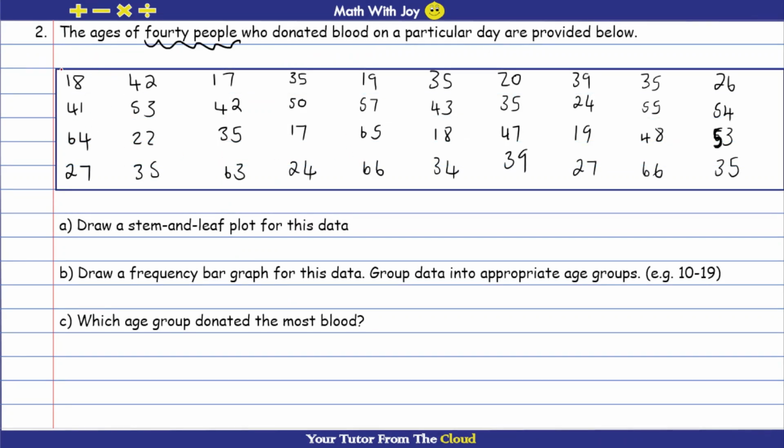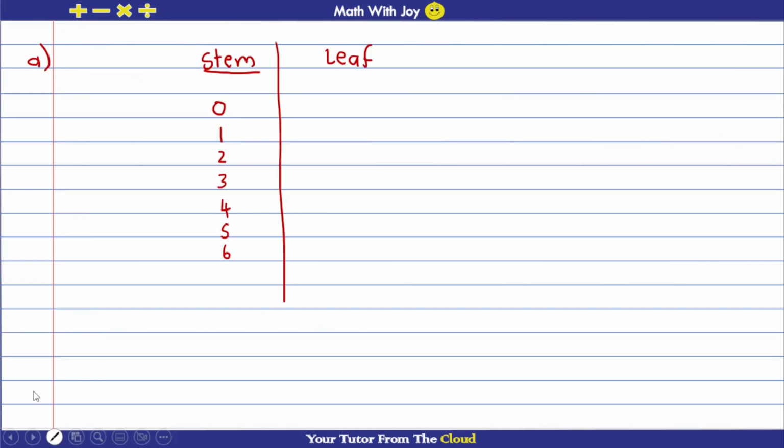So I say, well, here's my first number, 18. Now 18 goes into the stem of 1 because it's 1 and then 8 for 18. What I will do actually is first write these values a bit further away.